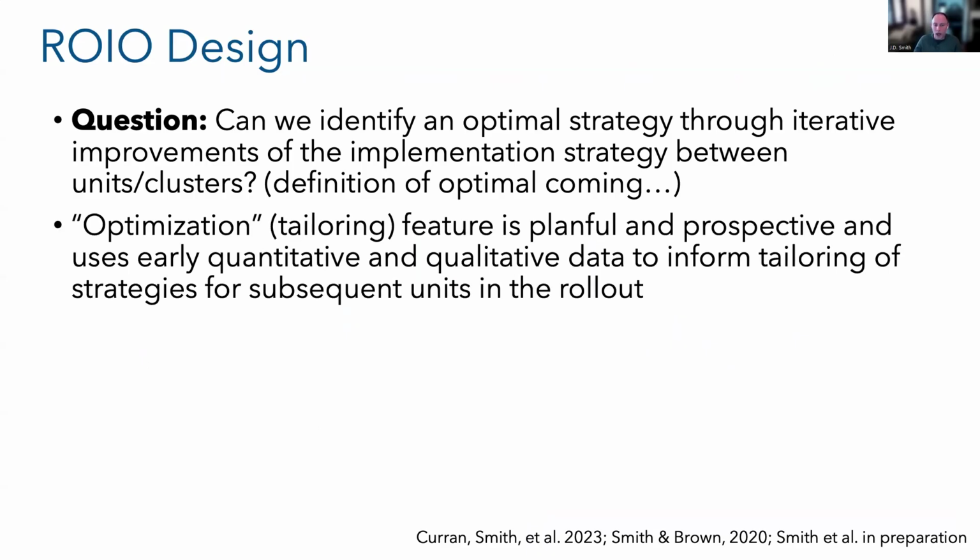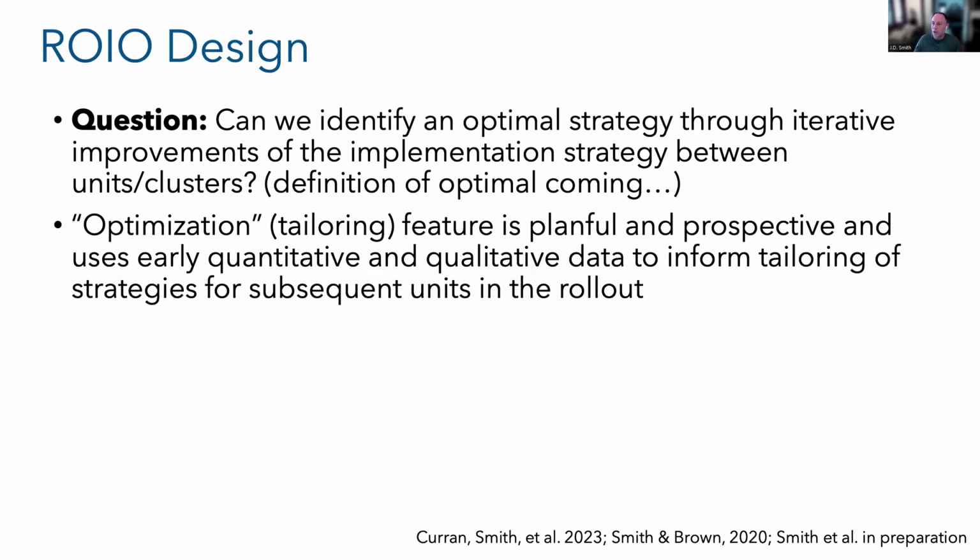In a ROIO, the optimization or tailoring feature is planful. It is prospective. It is built into the study design. You can't start a stepped wedge, realize you need to make changes, and then start calling it a ROIO. It doesn't work like that. And you'll see some of the things that go into the way that you actually propose a ROIO that make that the case.